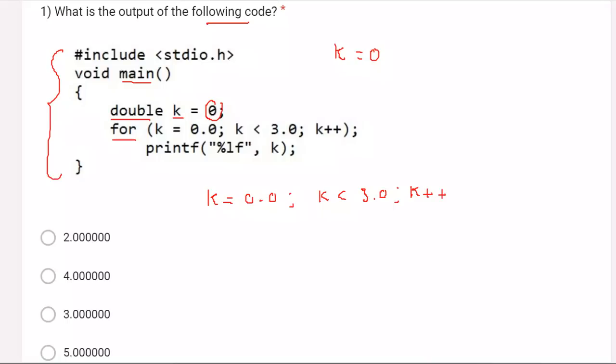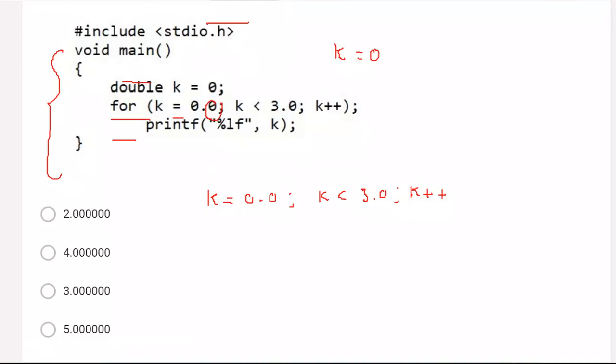So here what we are doing, this is an entire statement. Why? Because here we kept comma, semicolon.